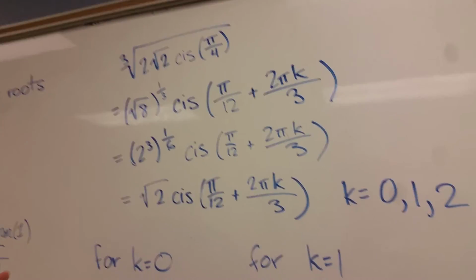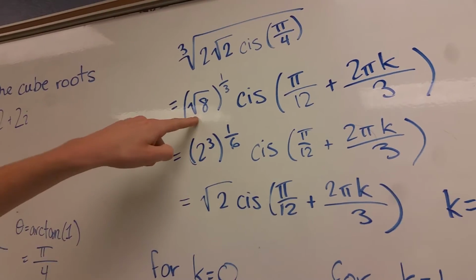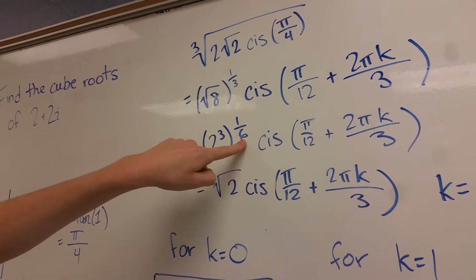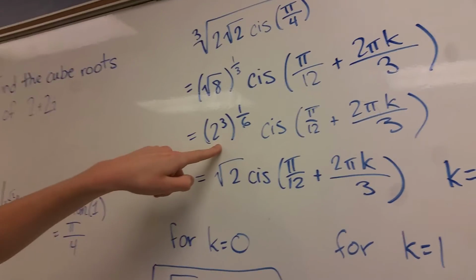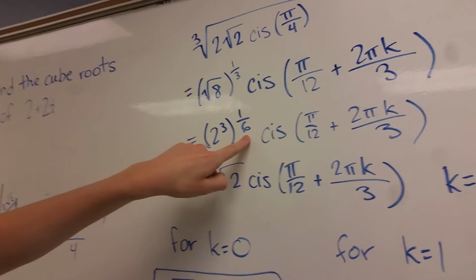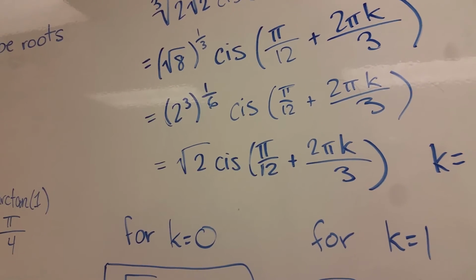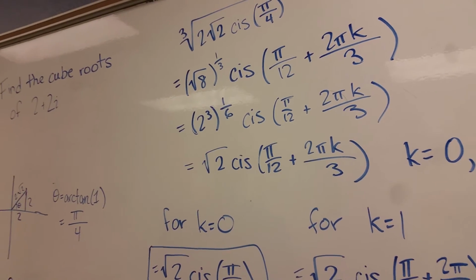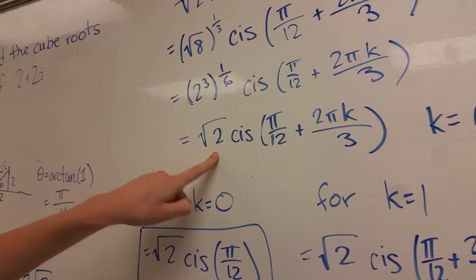Then to rearrange this even further, you can pop the square root out into the exponent, and it leaves you with 8, which is 2 cubed, to the 1/6. That stays the same, which then, if you have 2 to the third to the 1/6, just gives you 2 to the 1/2, or the square root of 2.